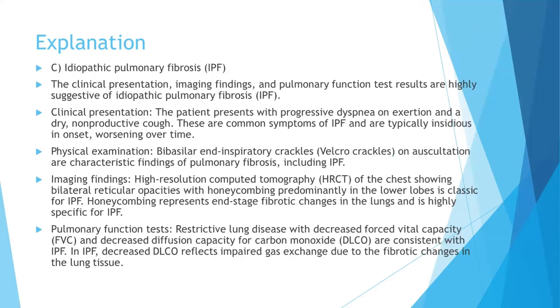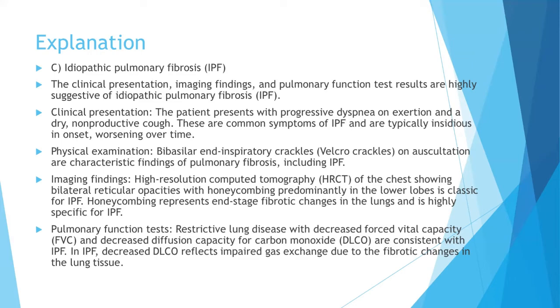The clinical presentation, imaging findings, and pulmonary function test all highly suggest idiopathic pulmonary fibrosis. This patient presents with progressive dyspnea and exhaustion and a dry, non-productive cough. These are the common symptoms of IPF and are typically insidious in onset, worsening over time. Bibasilar inspiratory crackles on auscultation are a characteristic finding of pulmonary fibrosis, including IPF.